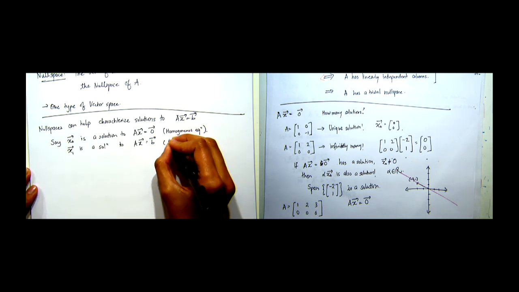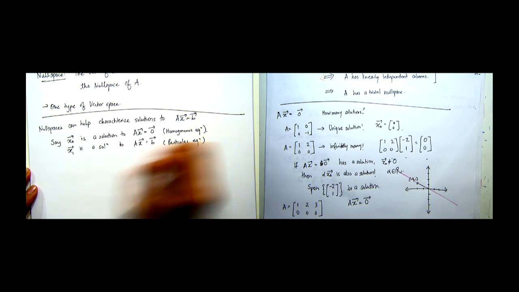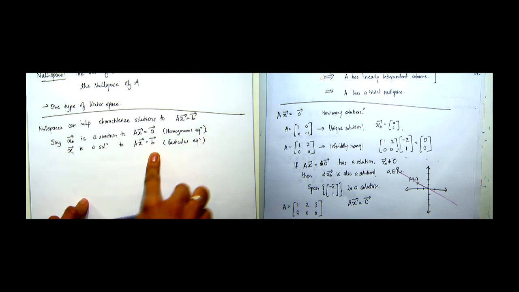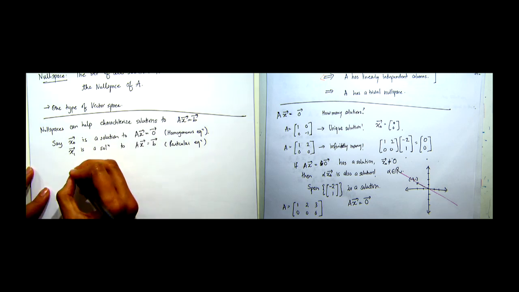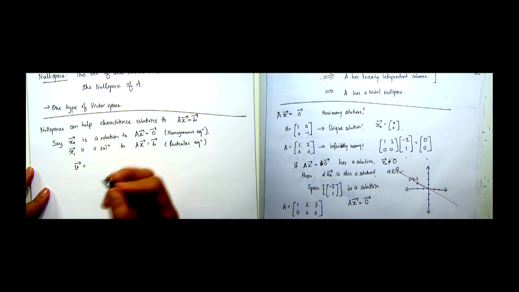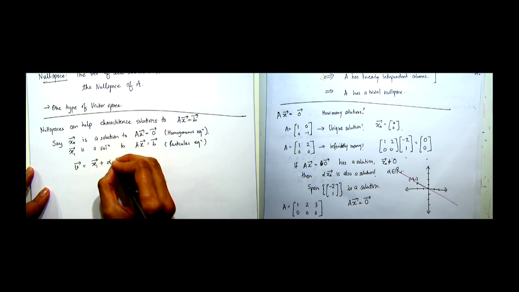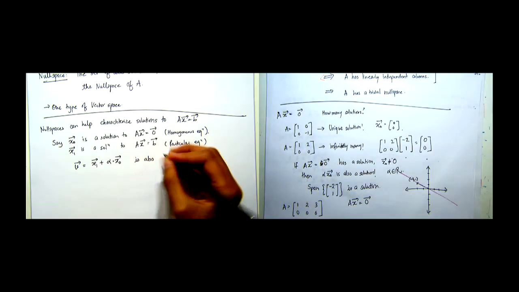This is sometimes called a particular equation, because AX is being set to something particular that is not 0. Then, what can I say about the vector v, which is x1 plus some alpha times x naught? It's also a solution to AX equal to b.